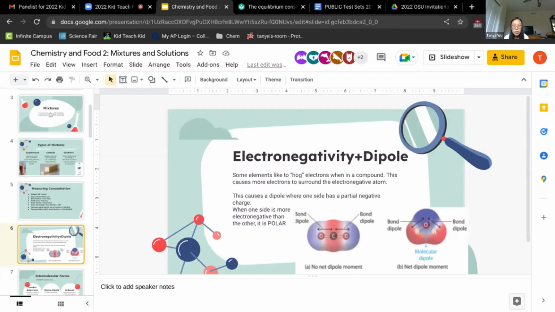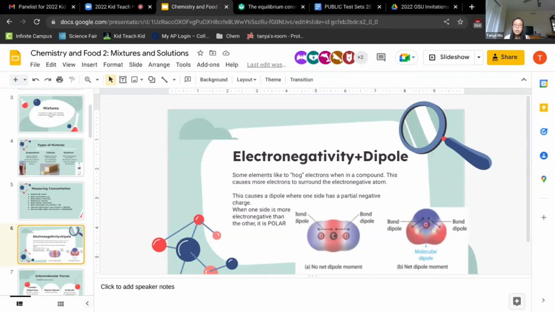When there is a more electronegative element and a less electronegative element, the more electronegative element is going to hog the electrons more, and the electrons will spend more time around that element. So like in water, the oxygen has the electrons around it more often than the hydrogen.